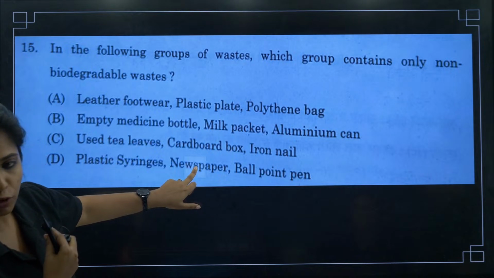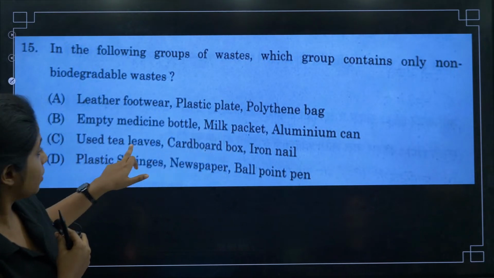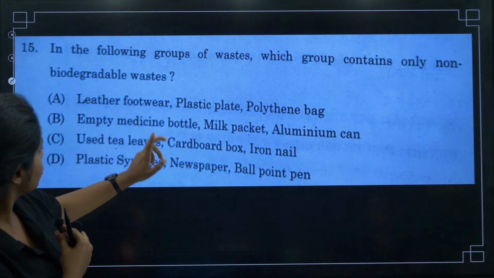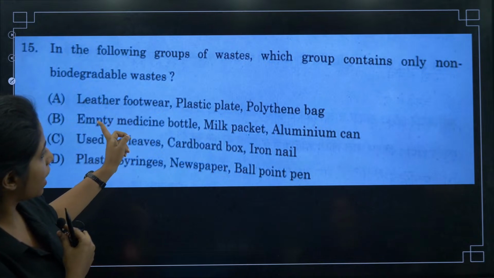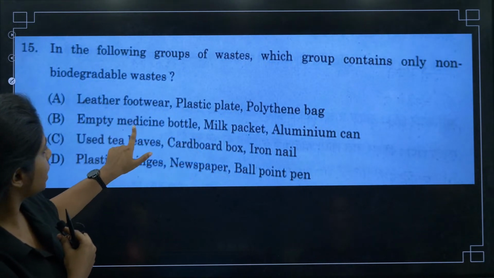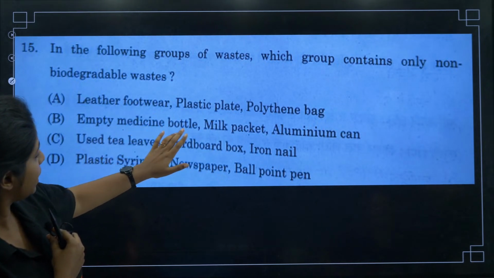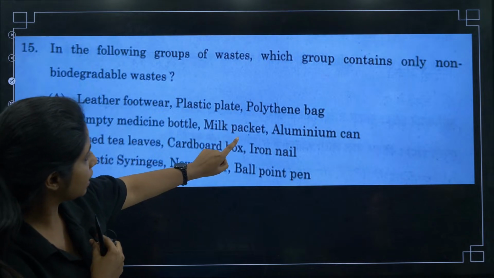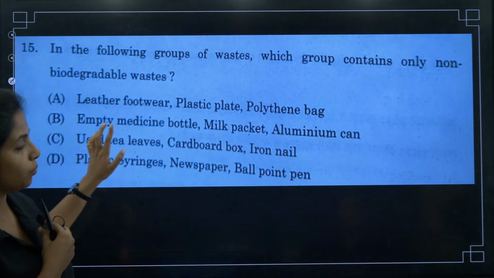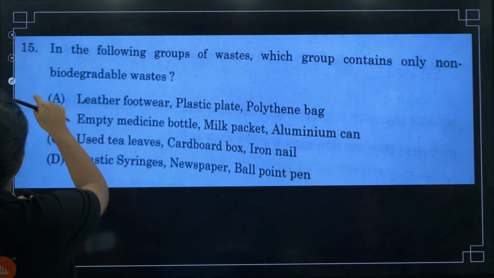Over here you have newspaper, which is obviously biodegradable, and over here you have cardboard and also used tea leaves, both biodegradable. So you have to look for the group that has only non-biodegradable items together, right? This is the one where empty medicine bottle, milk packet and aluminium can are there. So B becomes the answer, but still I will be checking, but B is the answer for this particular question.